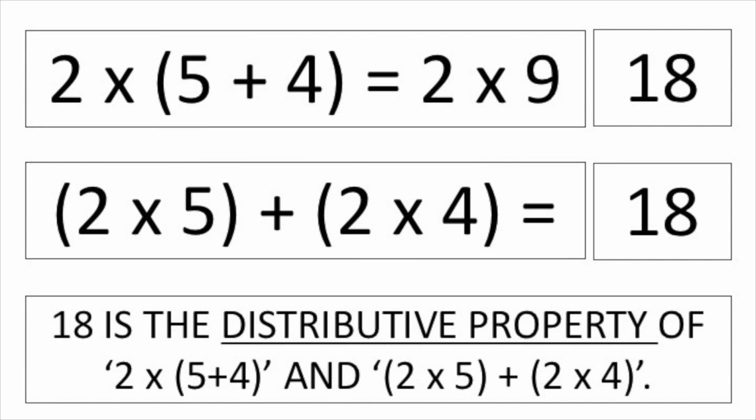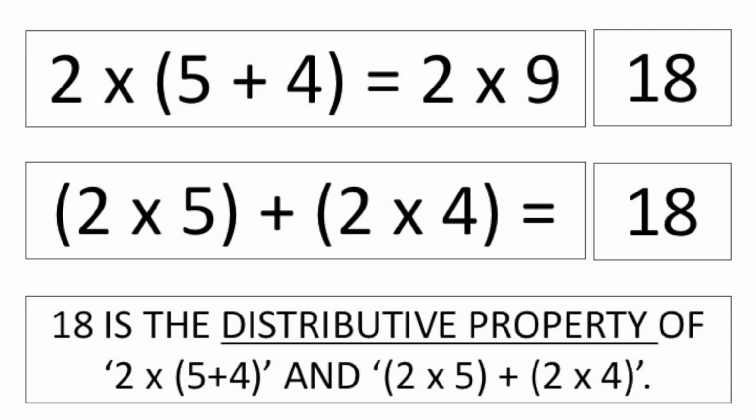So you can see here 5 plus 4 equals 9. So our sum is 2 times 9, which we have written here, equals, let's see, equals 18. Well done. But we can do it another way too.